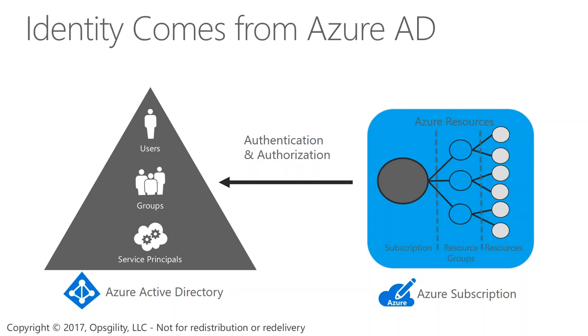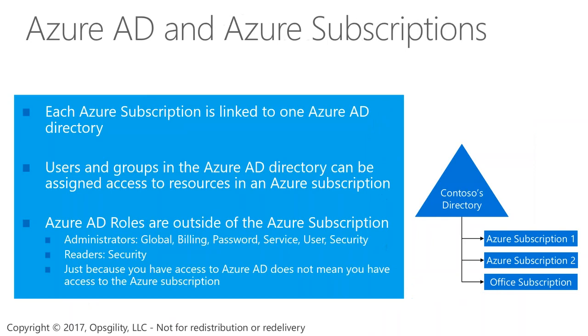And so for all of the subscription resources here to the right, I'm going to be able to choose users and groups that are defined in the Azure Active Directory. I'll be able to use those security principals as I'm assigning rights in my subscription. As I mentioned, every Azure subscription is linked to one and only one Azure Active Directory tenant. That's where the users and groups are going to be coming from.